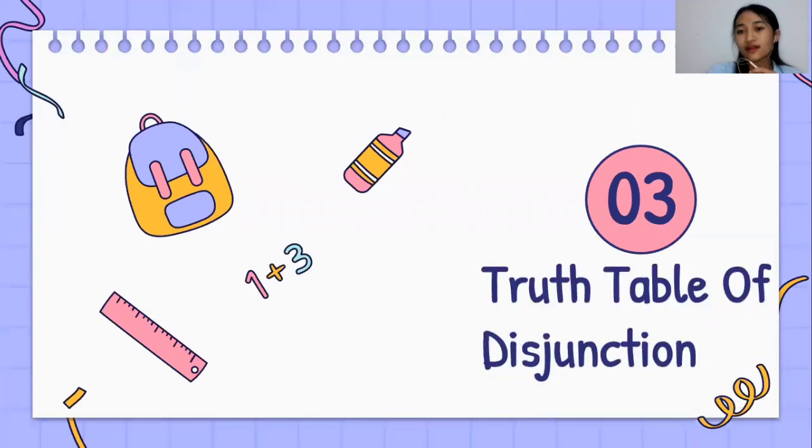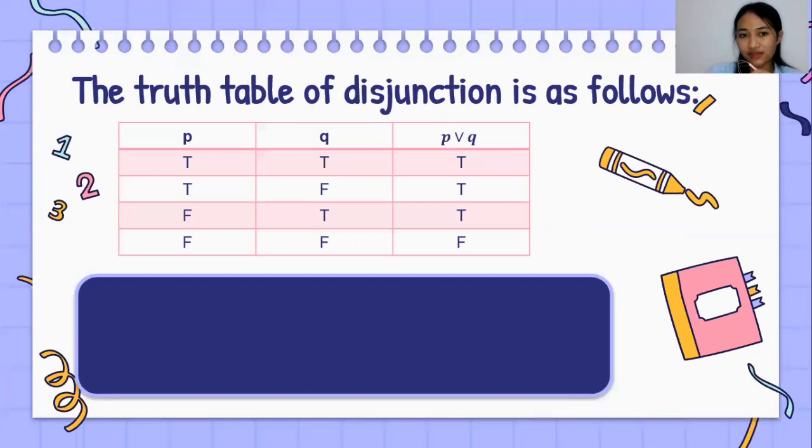And the third, I will explain the truth table of disjunction. The truth table of disjunction is as follows. If P is true and Q is true, the proposition P or Q is true.